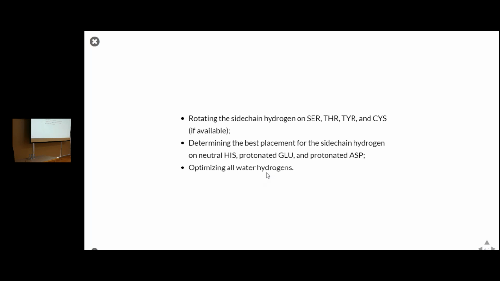Again, this gets mentioned. So the other side chains will be optimized as well. For histidines, glutamines, and aspartic acids, the best placement for the hydrogen is chosen. And then finally, the water hydrogens are also optimized.